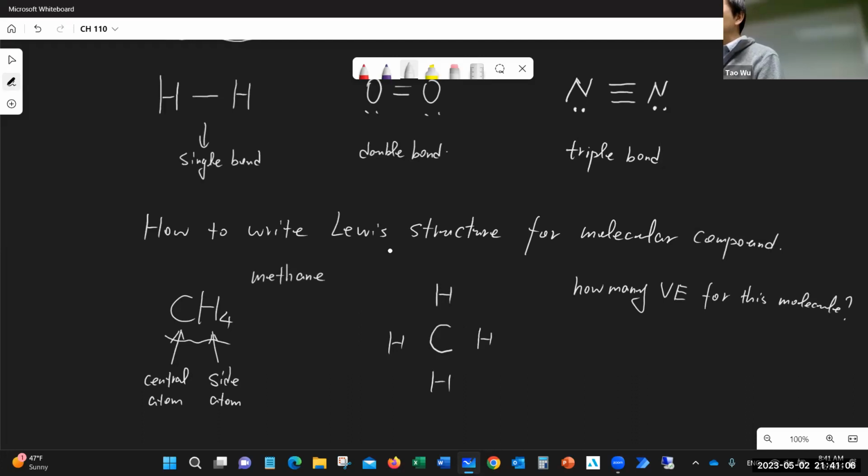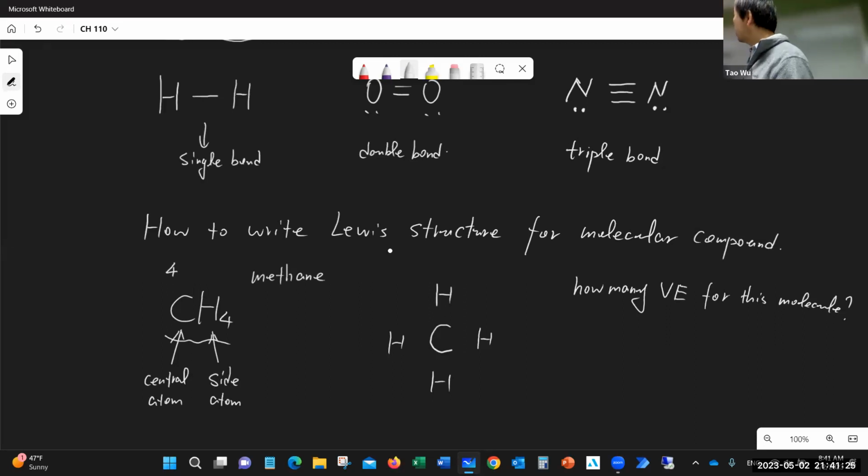How do we count? You just need to look at the valence electrons for each of the elements. Carbon is in group 4A, so carbon has 4 valence electrons.